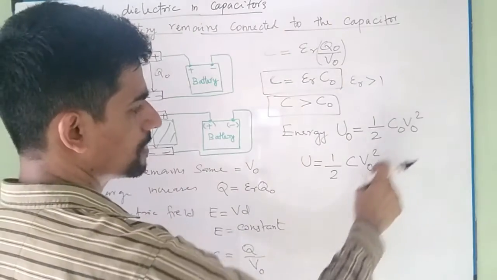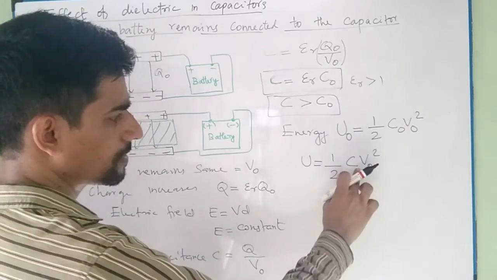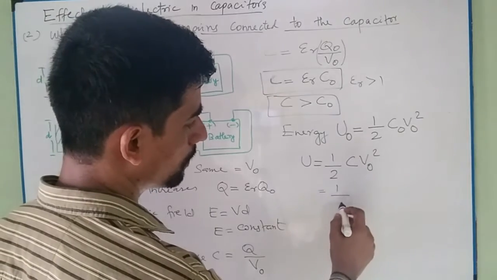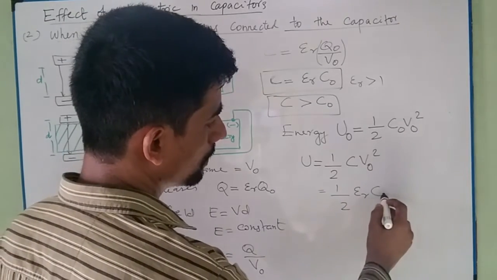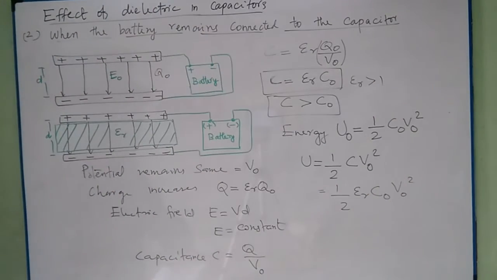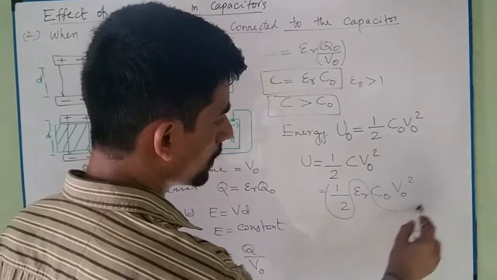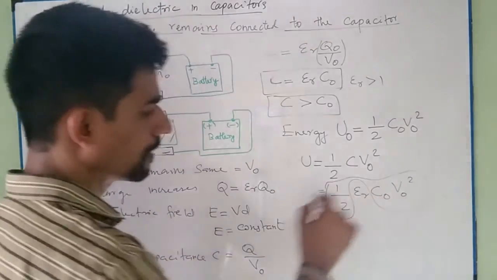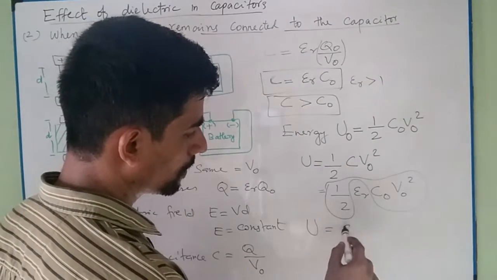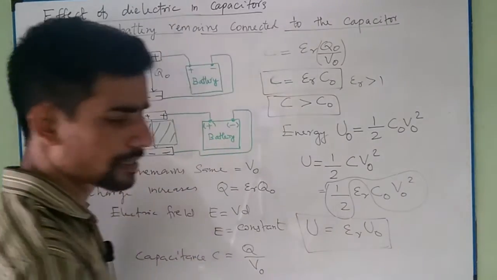V0 is constant, there is no change in potential difference, so we write V0 itself. But the capacitance is changing, so instead of C, we write epsilon R C0. So U is 1 by 2 epsilon R C0 V0 square, and 1 by 2 C0 V0 square is equal to U0. So U is equal to epsilon R times U0.